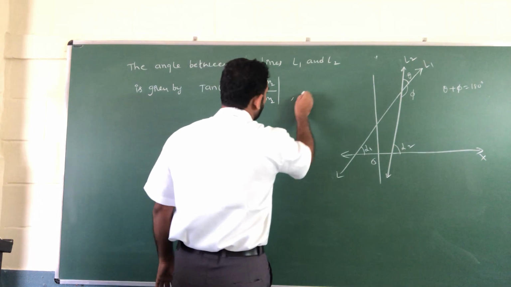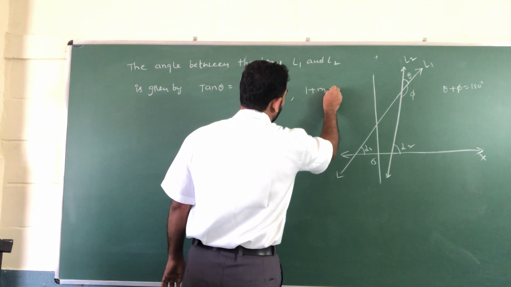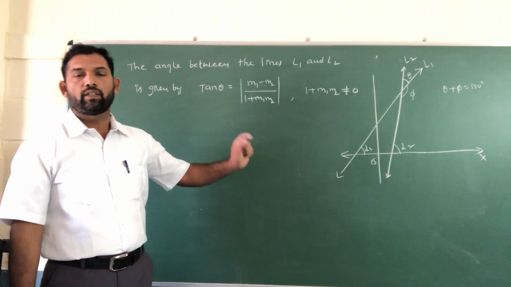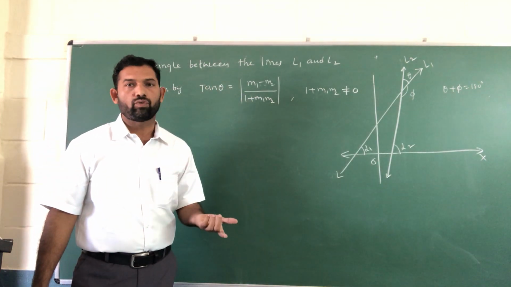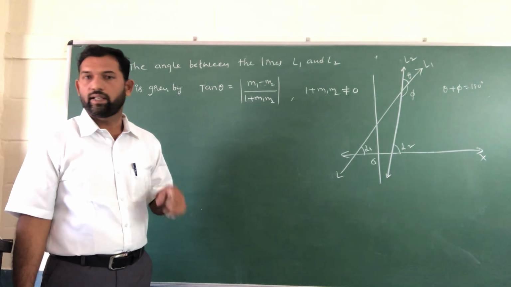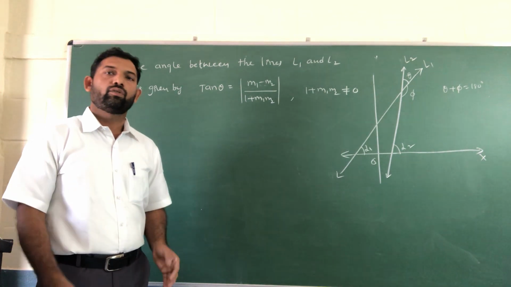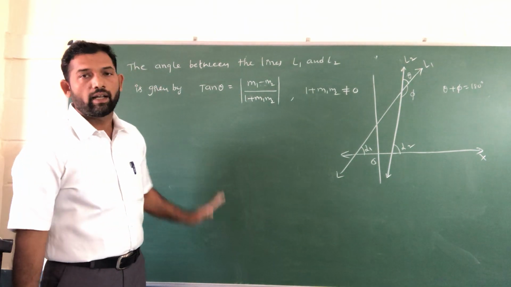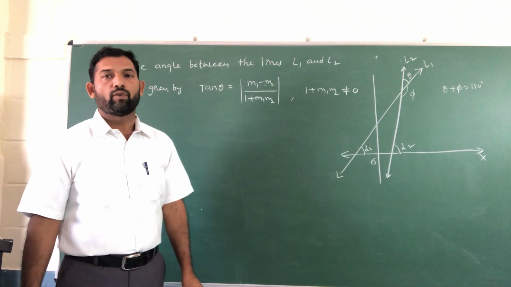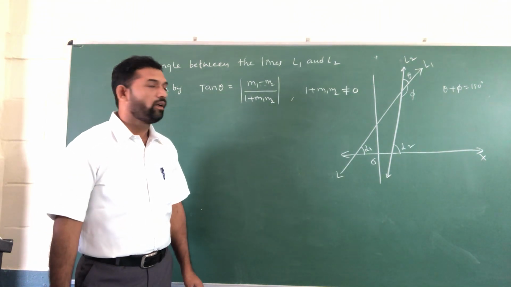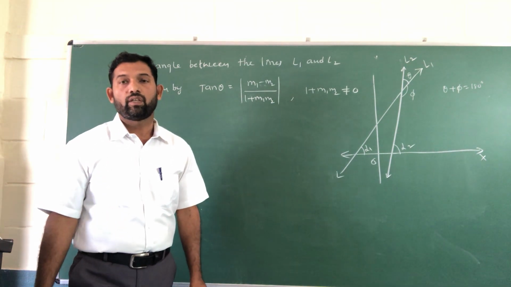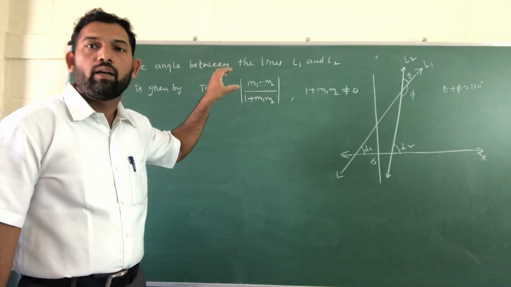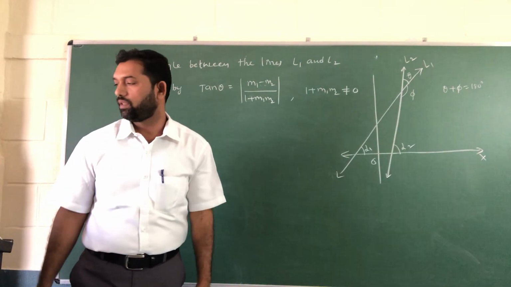Always 1 plus m1 into m2 is not equal to 0. So the tan theta value we get is positive, the tan phi value we get is negative. That's why you have to take modulus. If you know the lines' slopes, you can write the angle between the two lines.